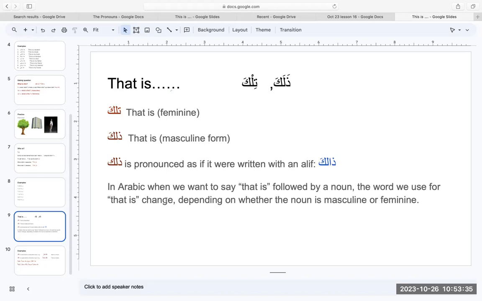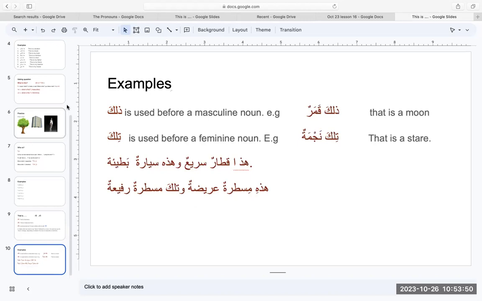And in Arabic, when we want to say "that" followed by a noun, the word we use for "that" changes depending on whether the noun is masculine or feminine. So for example, ذلك is used before a masculine noun, such as ذلك قمر. قمر is the moon. It's so far, you cannot say "this is a moon". ذلك قمر. تلك نجمة when you point to the star.